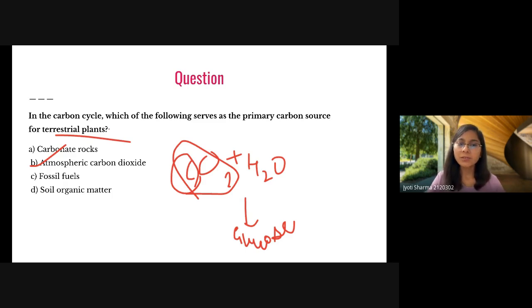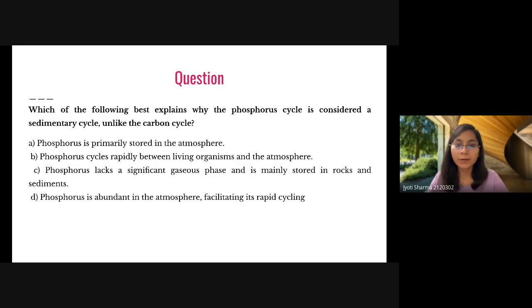A: phosphorus is primarily stored in the atmosphere. B: phosphorus cycles rapidly between living organisms and the atmosphere. C: phosphorus lacks a significant gaseous phase and is mainly stored in rocks and sediments. And D: phosphorus is abundant in the atmosphere, facilitating its rapid recycling.